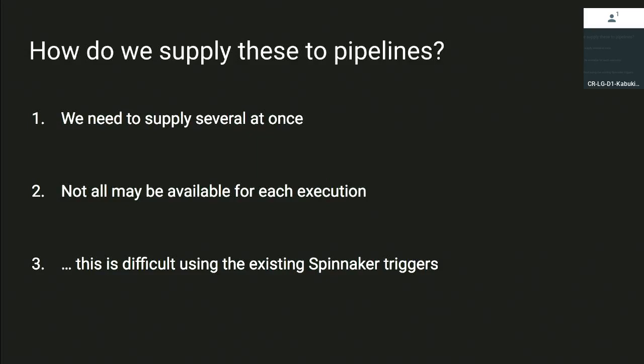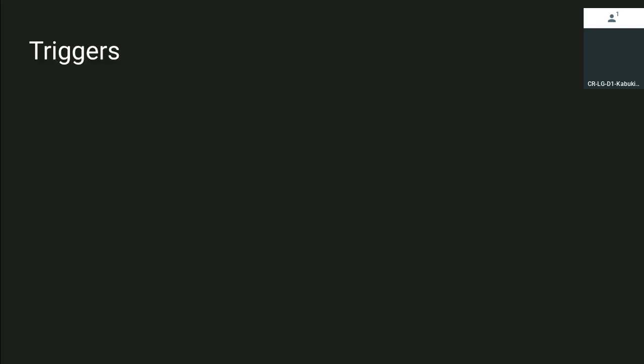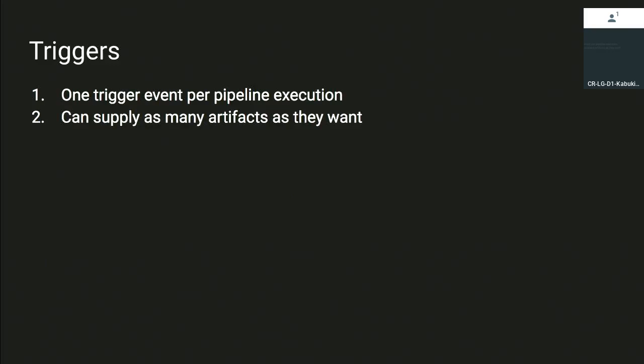And right now in Spinnaker, one trigger roughly corresponds to one artifact. But we have to break this model down and say instead, for a trigger in Spinnaker, you have one trigger event per pipeline execution. So every time you start a pipeline, it was started by some trigger the way it works right now. But each trigger should be able to supply as many artifacts as it wants.